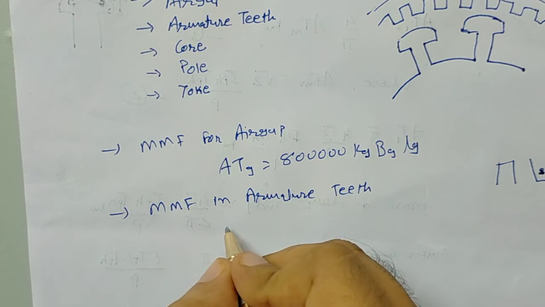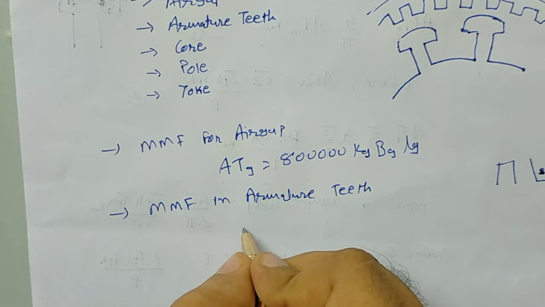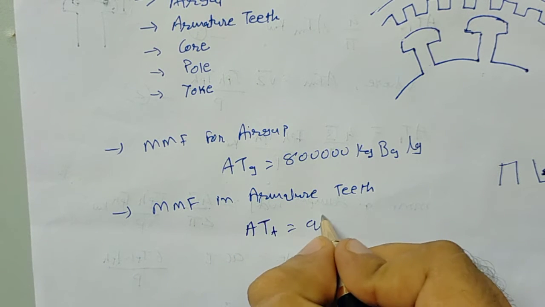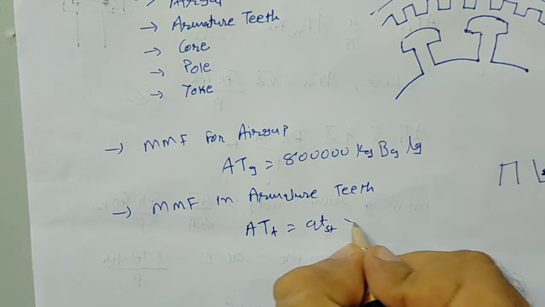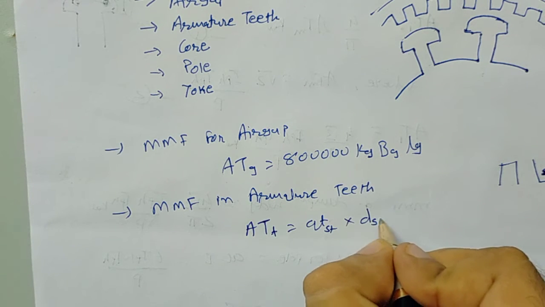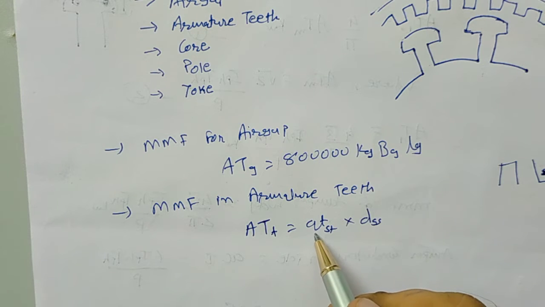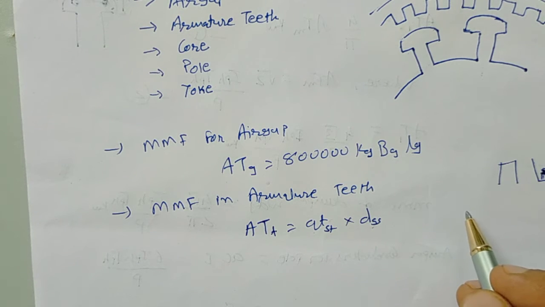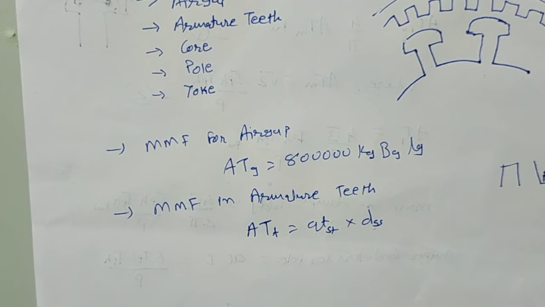That is also calculated by a very simple equation: ampere turn for tooth is ATst, the ampere turn of stator per unit, into the depth of the stator slot. This ATst is the standard value, as I told you, which is to be considered for MMF for teeth. It is the per unit value, and we have to multiply it with the depth that we are calculating. So this is for MMF for armature teeth.